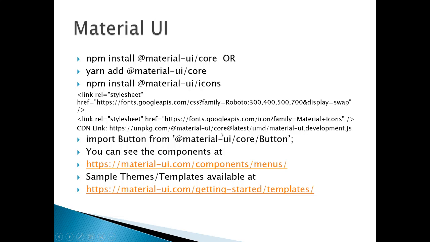The next step is to import into your application, the same as we did for React Bootstrap or Reactstrap. You can go to the links, copy and paste the code, and those components will be available in your application.